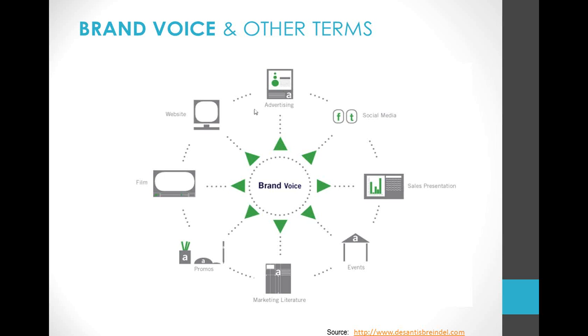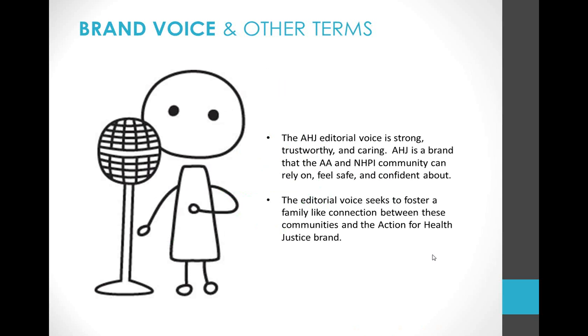So how you sound and how you outreach, or how you sound when you're sending a tweet or a Facebook message, how you sound when you're presenting to other people, trying to let them know what ACA is about, when you go out to those events, those town halls, when you create collateral and anything that you put on your website. Anything that is written, that you say in public, that you share in writing, that is the voice of your brand. And so this is one of the important parts of the style guide.